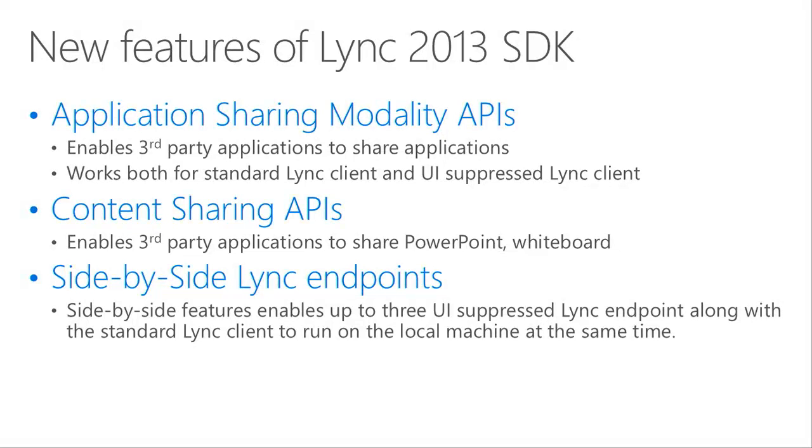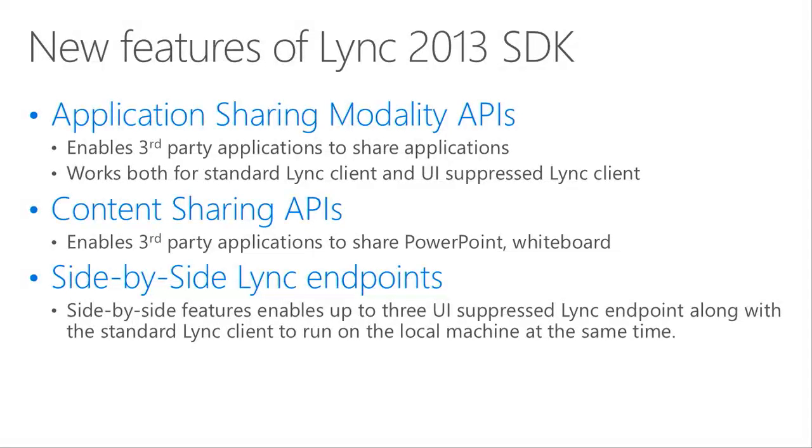The third one is the side-by-side Lync endpoints. That means that previously we could only have the Lync standard UI or the UI suppressed Lync process running. With this capability, you can literally have up to 3 Lync endpoints running on a single machine. You can have your main Lync UI running using your main credentials. You can have another Lync process running, signing in with a different credential.